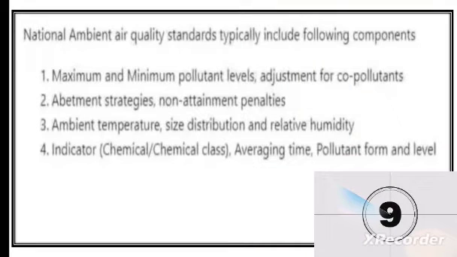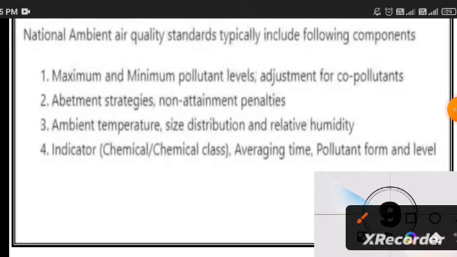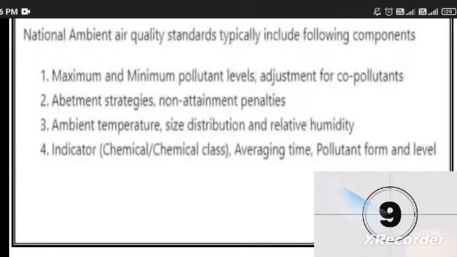Now, let's see some questions to recall what we have learned today. After reading the question, I will wait for some seconds so that you can also guess the answer. The first question is, National Ambient Air Quality Standards typically include which of the following components?